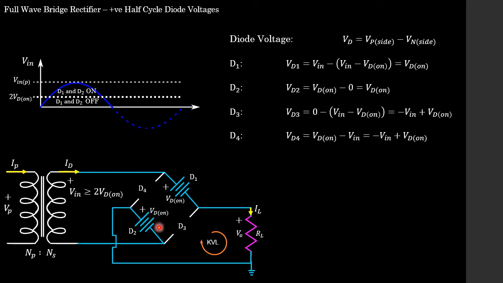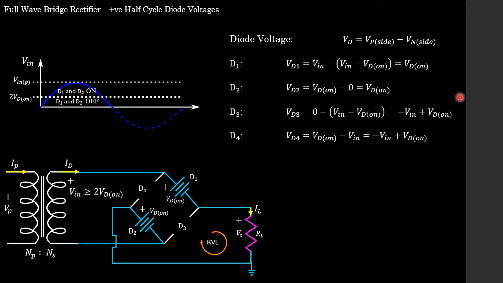And if we look at the other side of this diode, which is the N side, this big node over here, where current is then going to return to our secondary coil, because it's the return path for current, we know that this is our reference ground point of 0. And that's why the expression for VD2 is our diode on voltage on the P side minus 0 gives us VD on. We validated that diode 2 is in fact on.